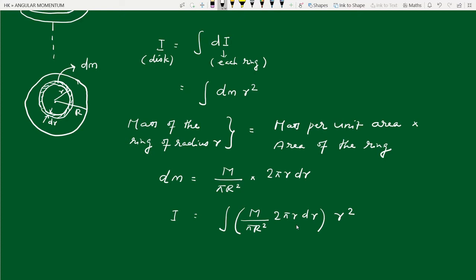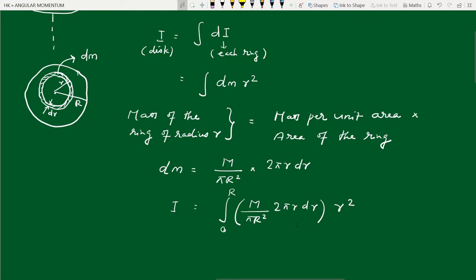We are integrating over different rings. How does their dimension vary? Their radius varies from 0, a negligibly small value, to the radius of the disk, capital R. So the integration is from 0 to R, over the different rings.